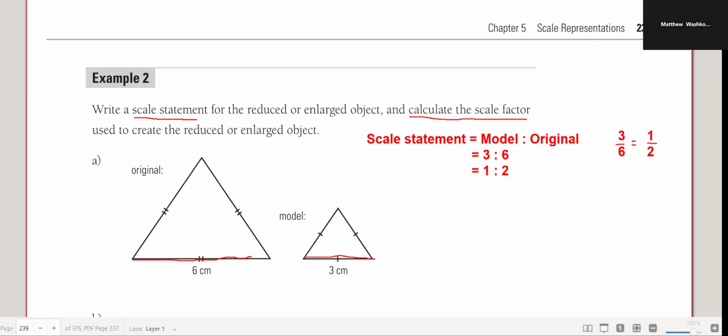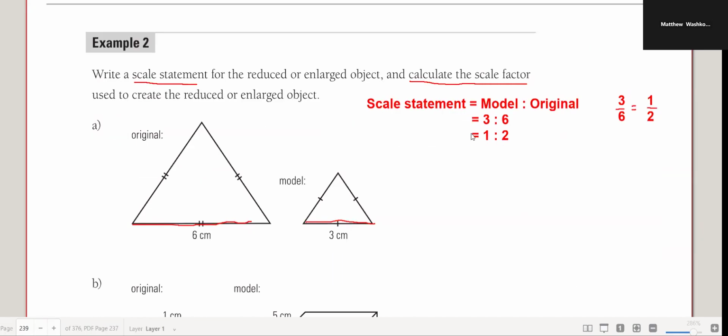Now, the scale factor shows how much bigger or smaller it is. I can times the model by something to figure it out. So in this case, my scale factor is always equal to, again, the model divided by the original.